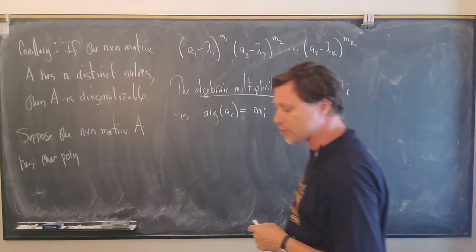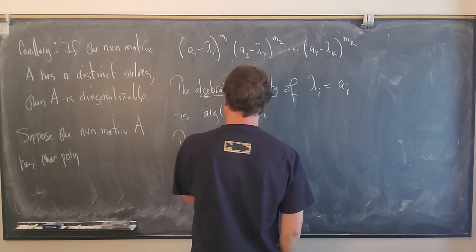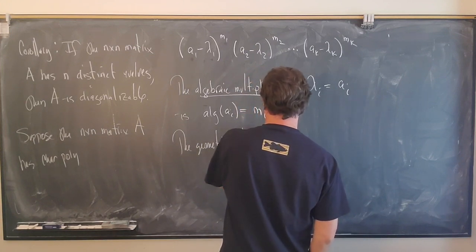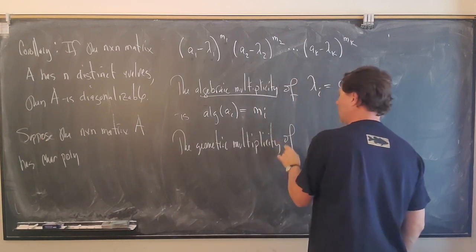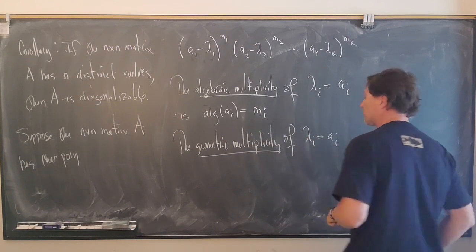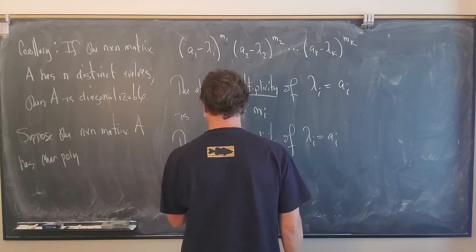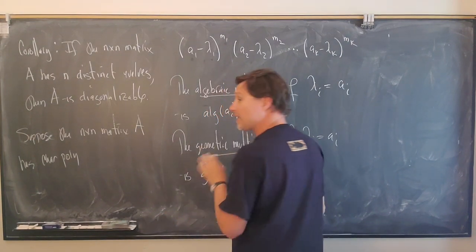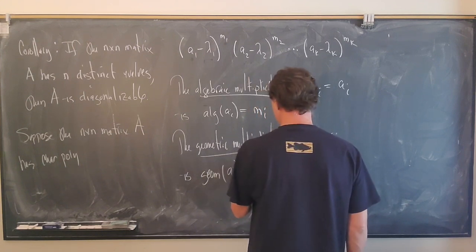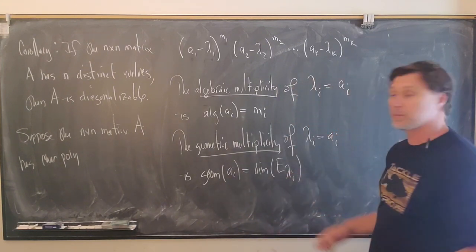There's also what's called the geometric multiplicity. So the geometric multiplicity of lambda sub i equal to a sub i, so of the ith eigenvalue, we write that as GEOM of a sub i, and that's equal to the dimension of the corresponding eigenspace. So it's the dimension of E sub lambda i.